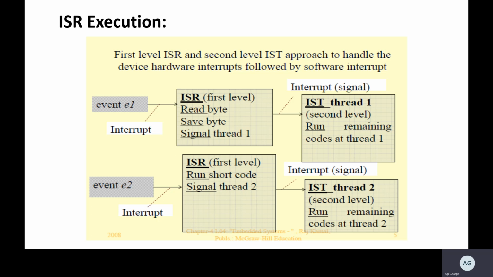So this is an example of how interrupt execution works. Say you have two events, and during those two events you can have interrupts coming. Those interrupts are indicated by interrupt service threads, IST thread 1 and IST thread 2. Now, what is a thread?